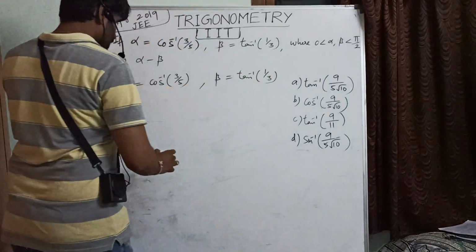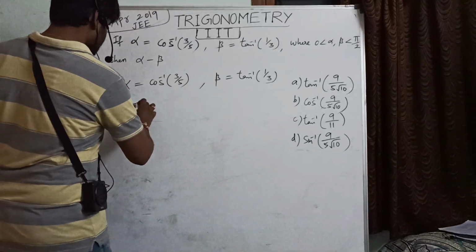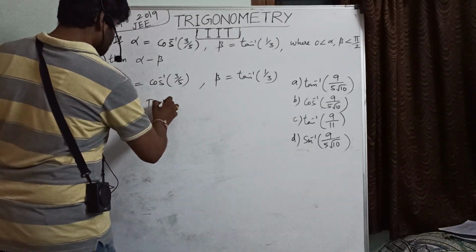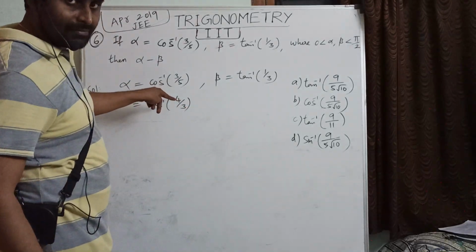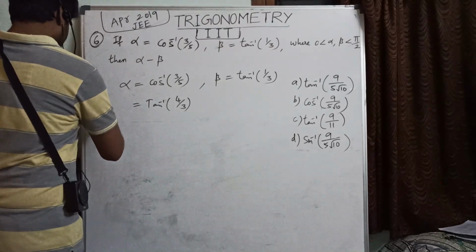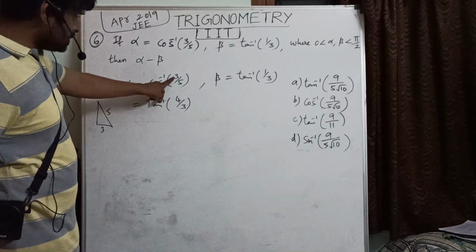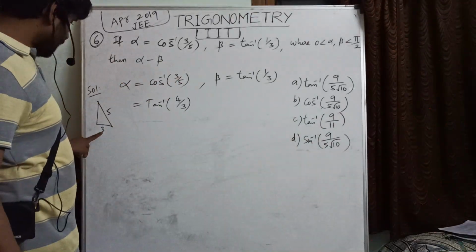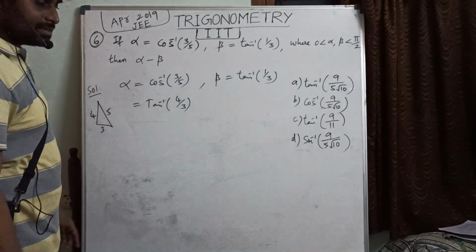Clear? Now this also can I convert in terms of tan inverse? It's very easy. So tan inverse of 4 by 3, because 3, 4, 5 are the measurements of a right angle triangle. See here, 3, 5: cos is adjacent by hypotenuse. This will be 4. So 4 by 3. Easy.